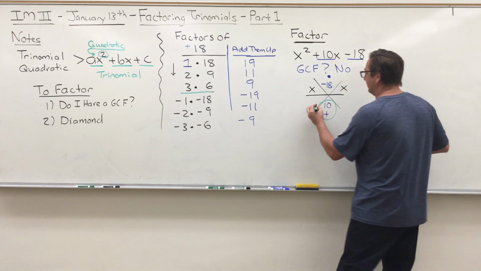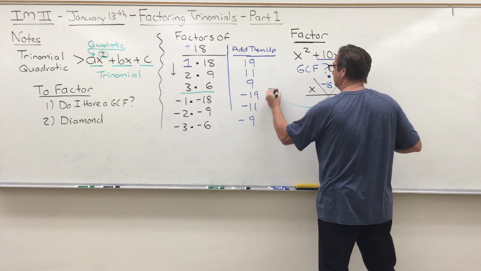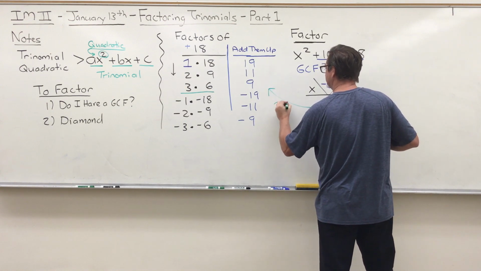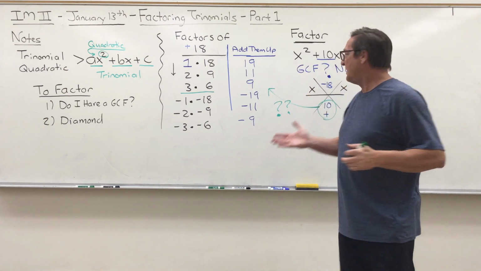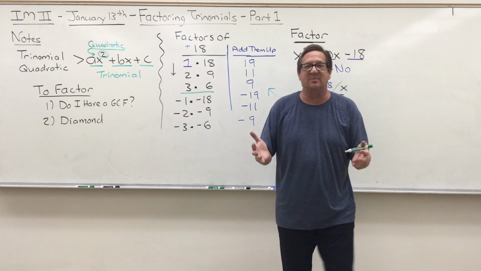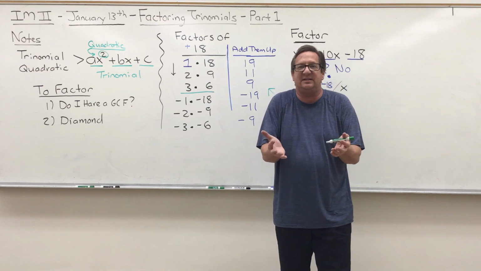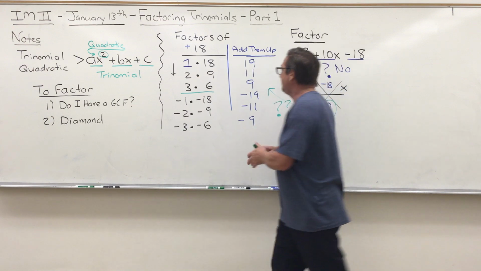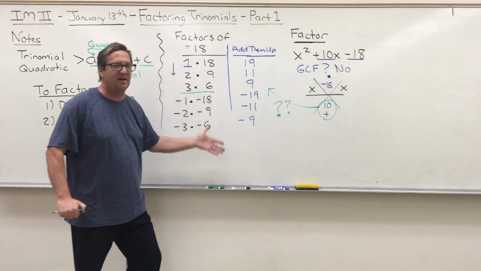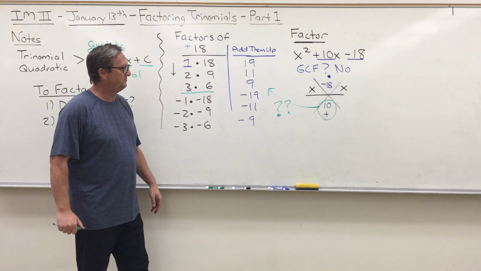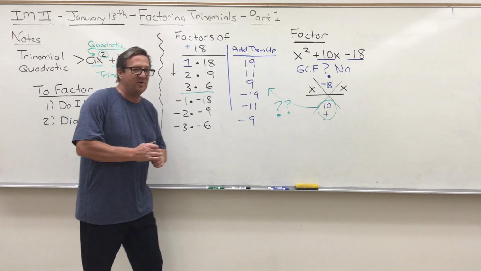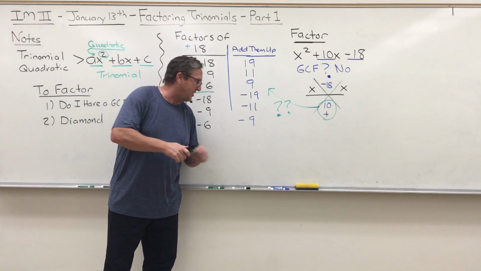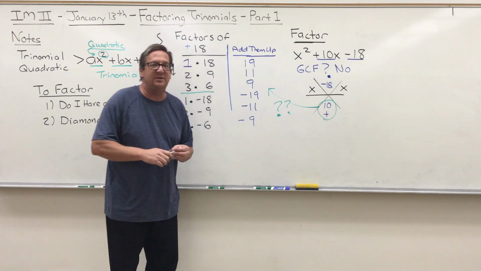And if you look here, there's no 10. And what that's saying is there are no two numbers where you can get a positive 18 and come out with a positive 10. Look at, I don't think we're missing anything here. I think this is our entire list. And I don't give this to you. Remember, if I give you like 10 problems to do, I may give you 1 or 2 that can't be factored.